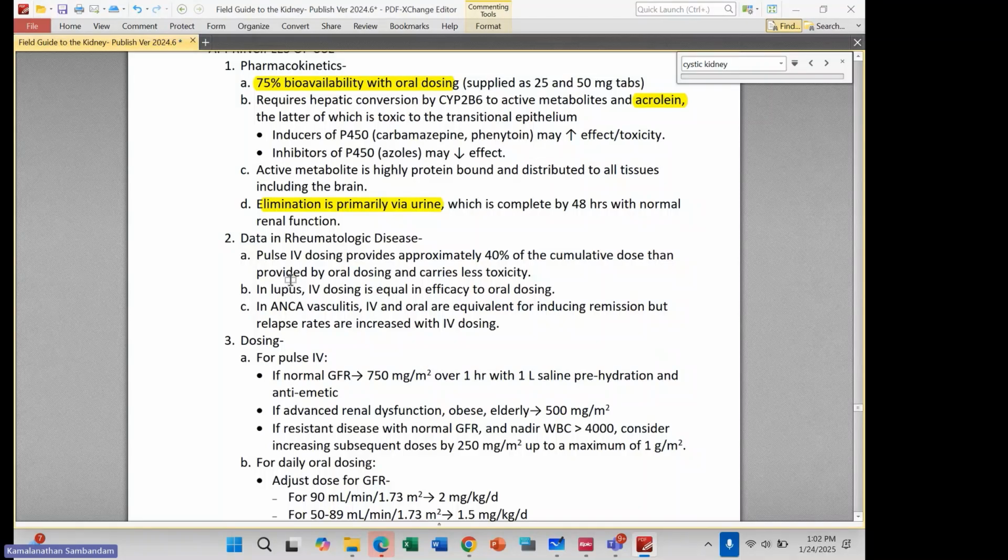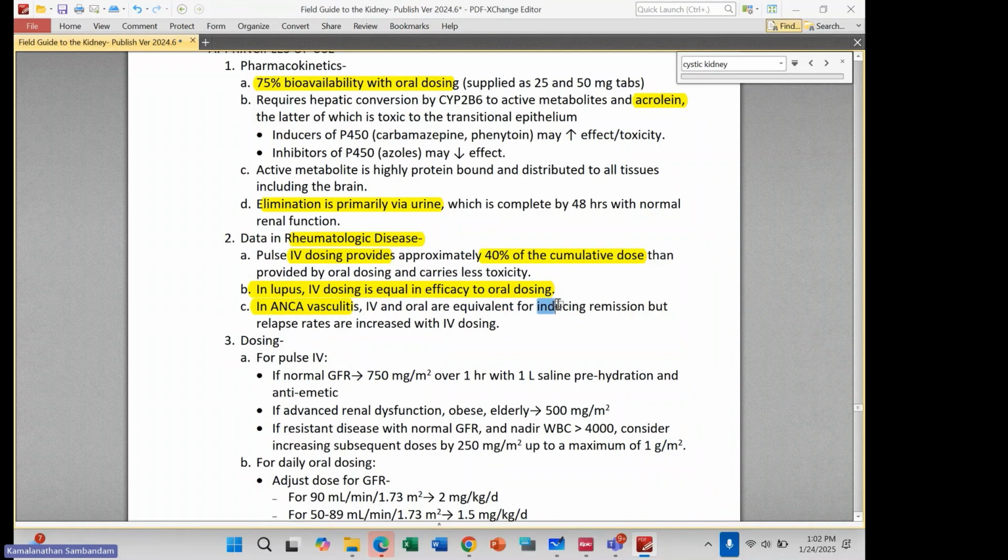Okay. In rheumatologic diseases, again, IV dosing gives you less than half of what you're getting if you're giving it orally. In lupus, IV dosing appears to be equally efficacious to oral dosing. So even though you're giving less, the efficacy seems to be preserved.